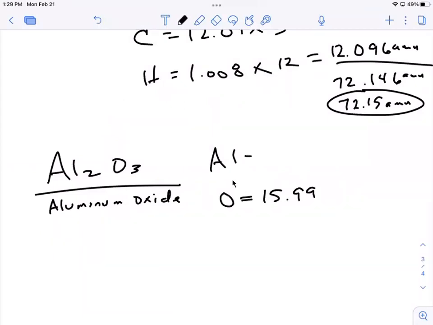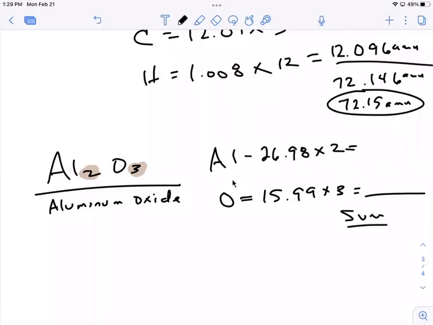Anybody look at the periodic table real quick and tell me what the atomic mass is. 26.98. And then there are 2 aluminums in this formula, so we're gonna make sure we take note of that and multiply that by 2. And then there are 3 oxygens here, so we need to make sure that we multiply this by 3. And then we're gonna take the sum.